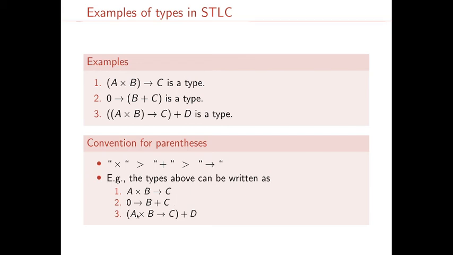In the third example, we can omit one pair of parentheses around A times B. This is actually the same as in the first example.